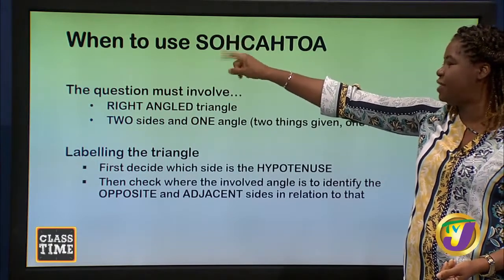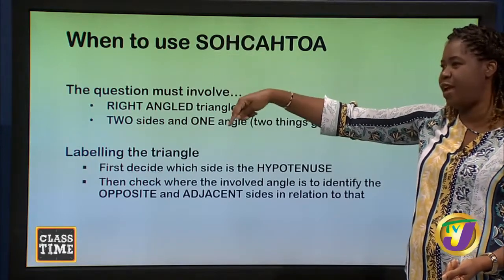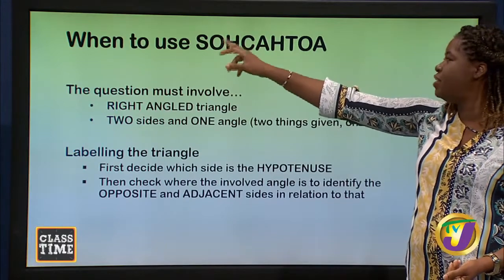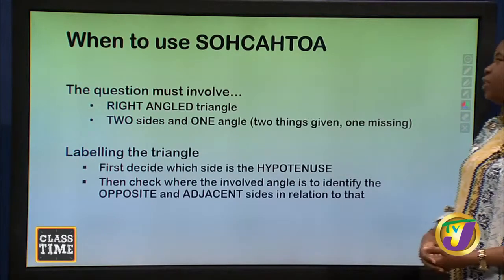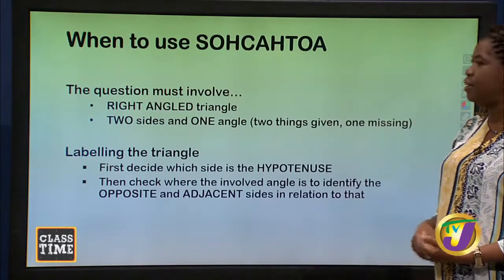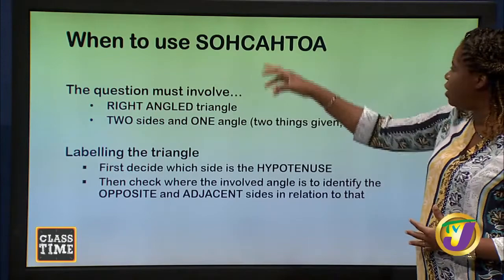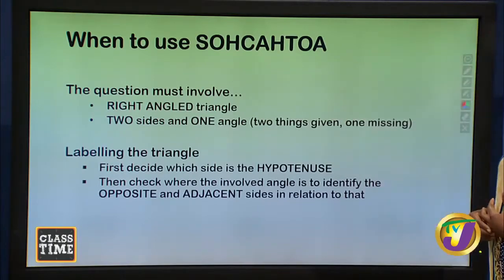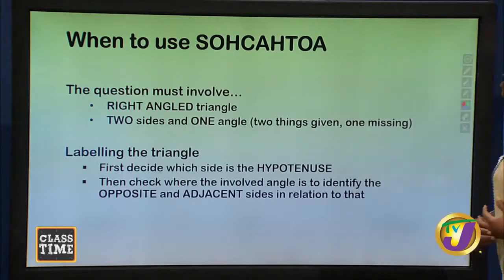The first letter is for the name of the ratio, and the second letters tell us the sides we're comparing, so opposite and hypotenuse. CAH: C is for cosine, and it deals with the adjacent side and the hypotenuse. T is for tangent, and we're comparing the opposite side and the adjacent side.